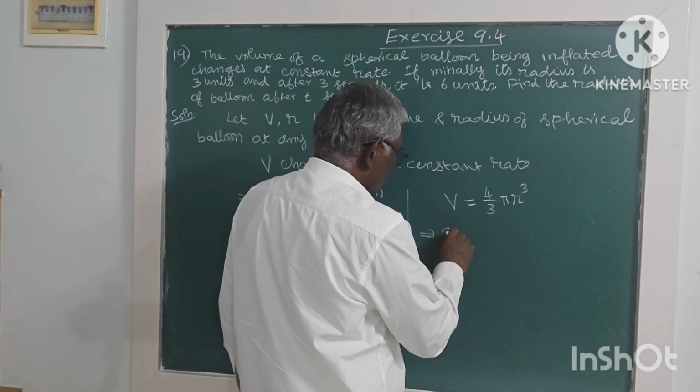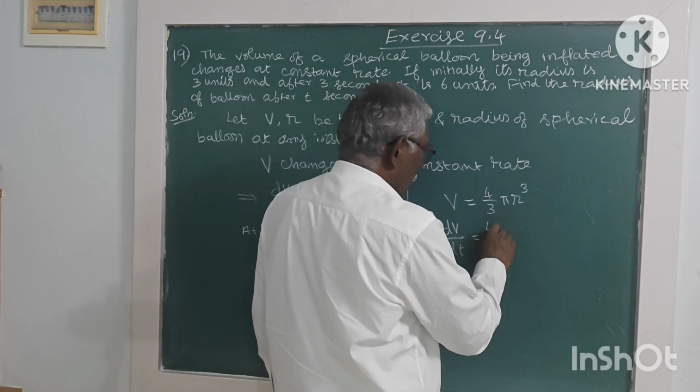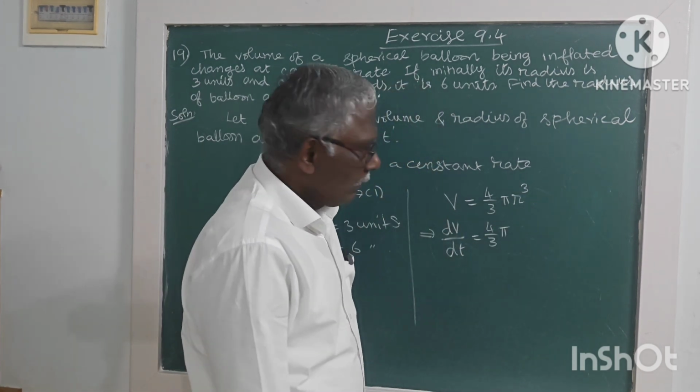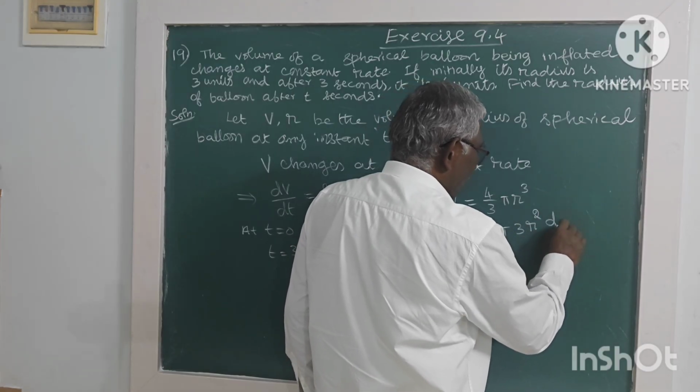This gives dV by dt is equal to 4 by 3 pi times 3 r square into dr by dt.